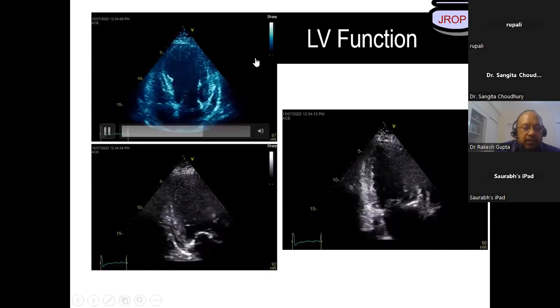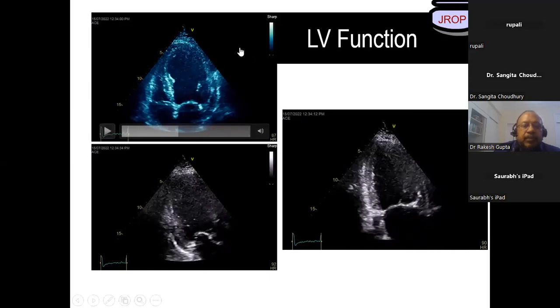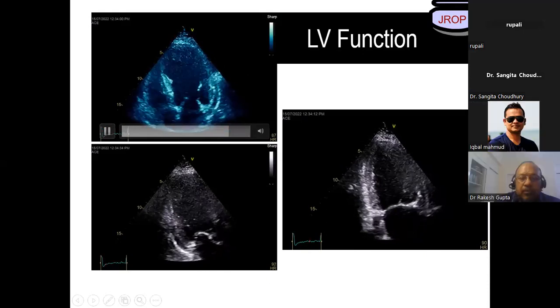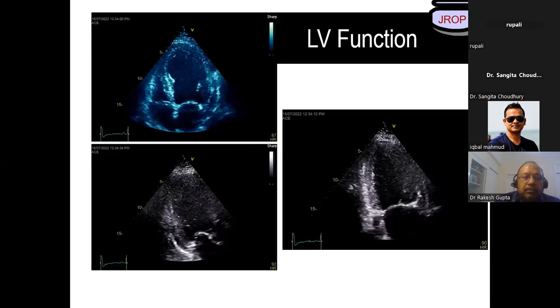No, it's not there, because the endocardium is clearly visible there, the fissures in the endocardium. I hope you understand what non-compaction is. Sir, when the ratio of the non-compacted to the compacted endocardium is more than 2 times, which is hypokinetic.